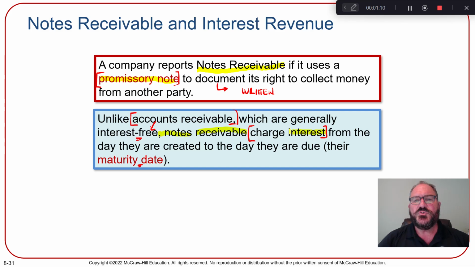Some very large companies that have a large amount of cash can generate more revenue by lending that money to other companies. So one company, let's say UPS, is going to lend money to another company. And when they lend that money, they collect interest on it, and then obviously they get their money back.